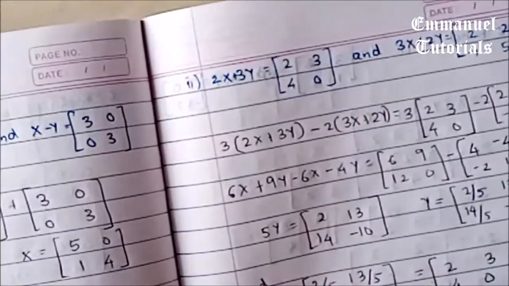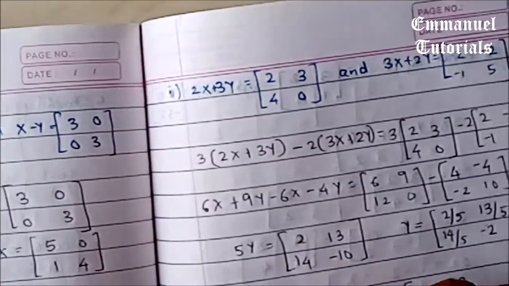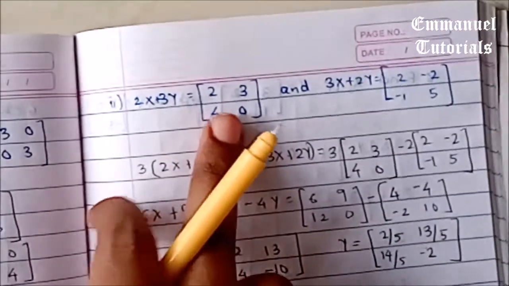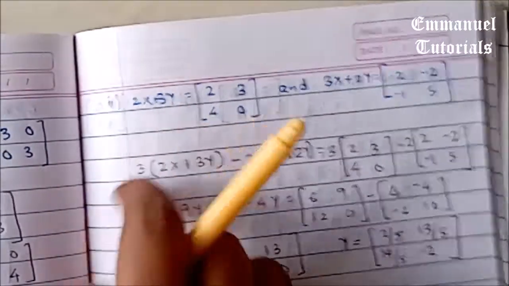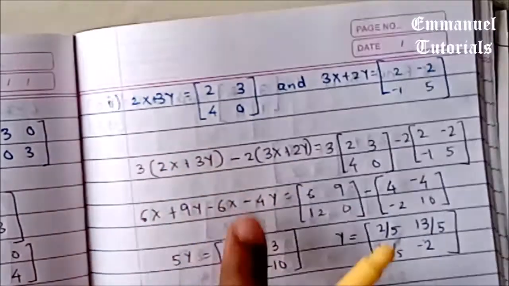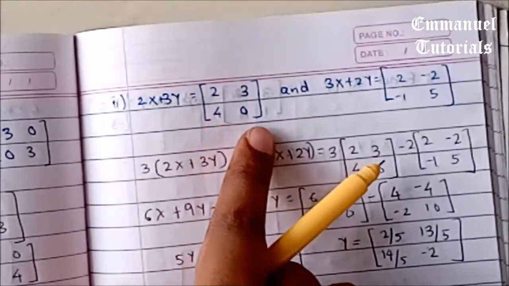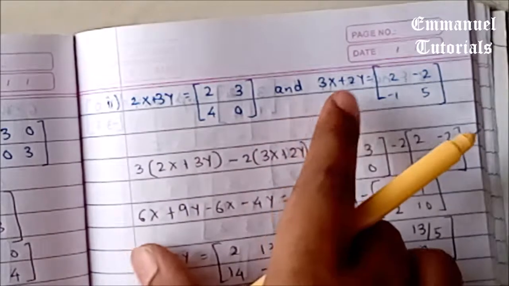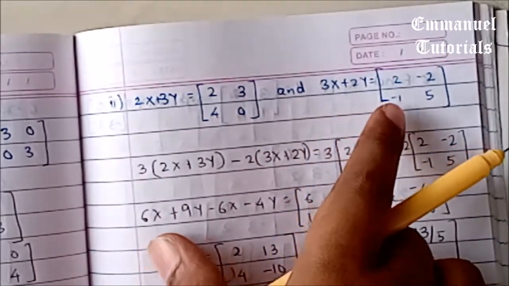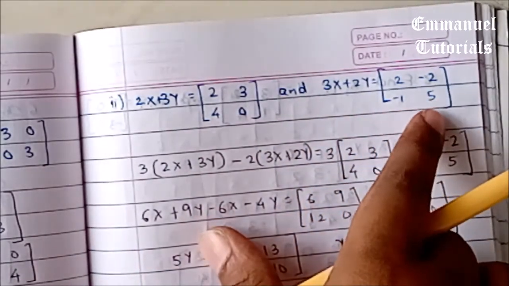Now the second question, sub-question in this is similar, but you have a slightly more complex simultaneous equation. It is 2x plus 3y is equal to [2, 3, 4, 0], and 3x plus 2y is [2, -2, -1, 5].